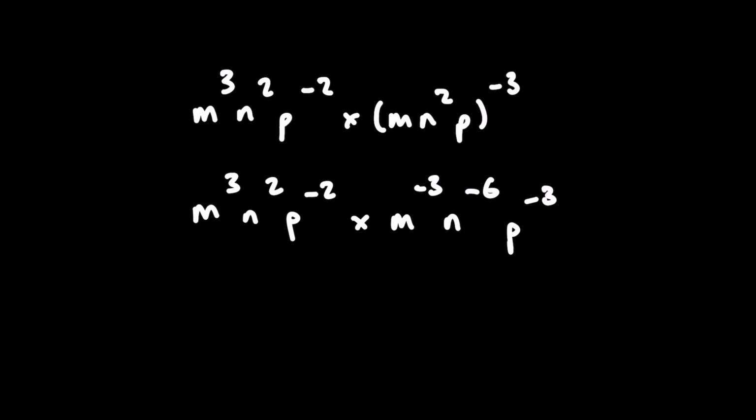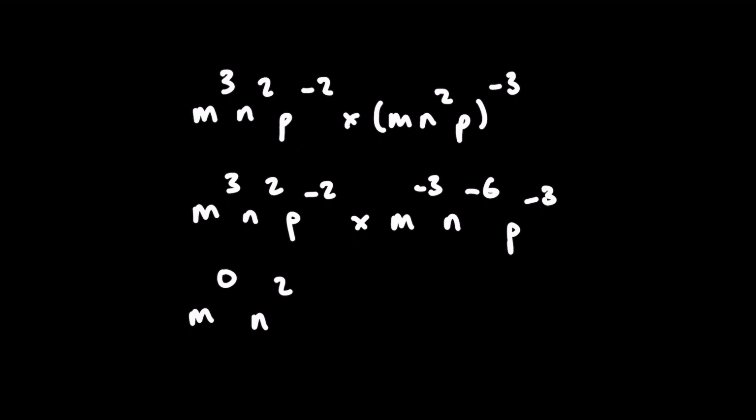Next, I can add and subtract my indices. Because everything is times here, we can simply add the indices together. So this becomes m to the power of 3 plus minus 3, because we're adding minus 3, and that's the same thing as 3 take 3, which becomes m to the power of 0.